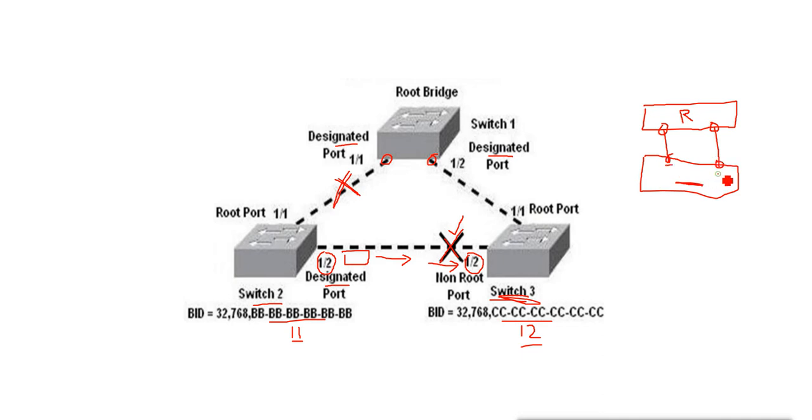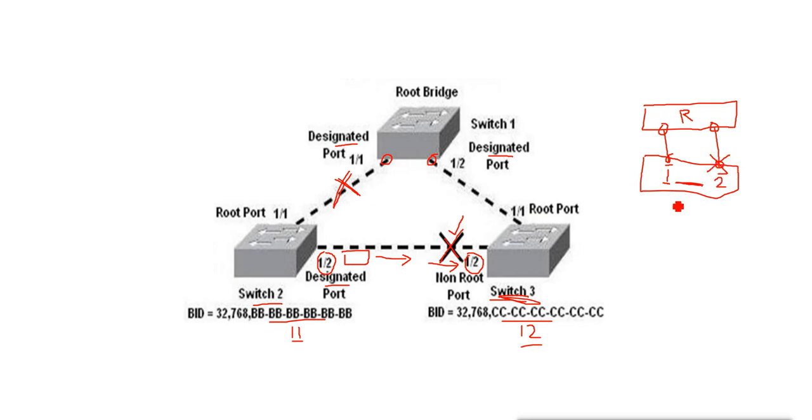Now how will it decide which port to disable? Remember, when we had two different switches, switch 2 and switch 3, they decided based on the MAC address. But here we have a single switch, and it has to decide which port to block. Because the MAC address is the same, it will decide based on the port number. If this port number is 1 and this one is 2, port number 1 will win and port number 2 will be blocked.